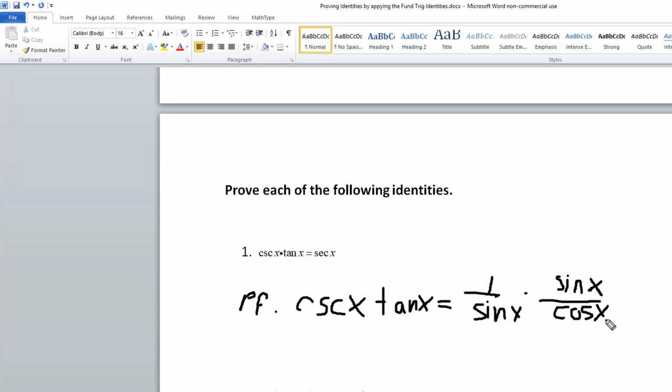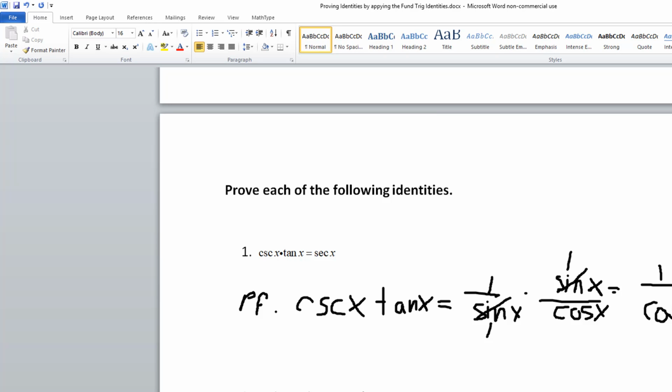You're allowed to multiply through, cancel like factors, and so forth. Notice here, sine of x and sine of x, once in the numerator and once in the denominator, will cancel. What's left on top? 1 times 1, we get 1. At the bottom we have 1 times cosine of x, that's cosine of x.